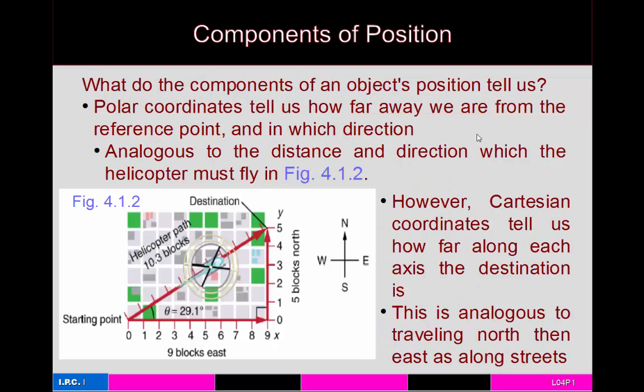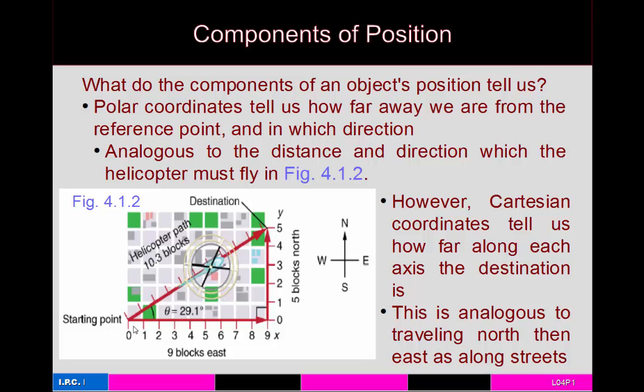So what the polar coordinates are telling us is basically how far away we are from a reference point and in which direction. And you could think of this by analogy as you're in a city and you're trying to get from your starting point to your destination.